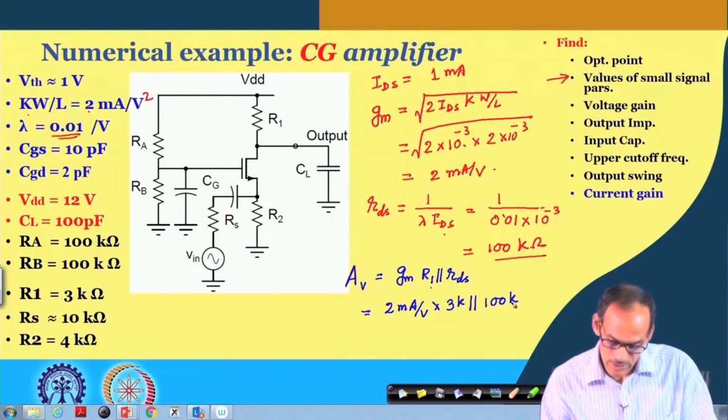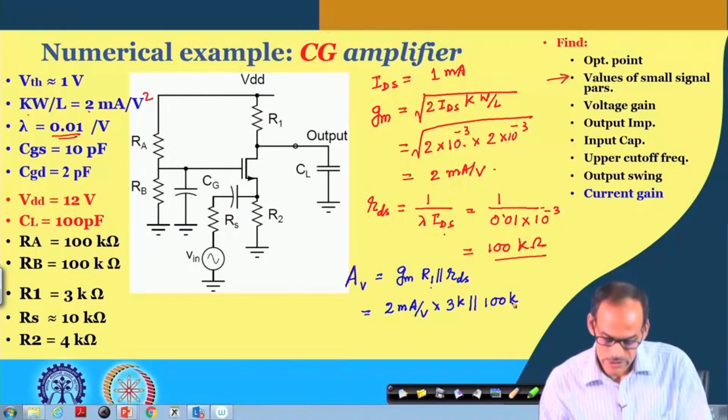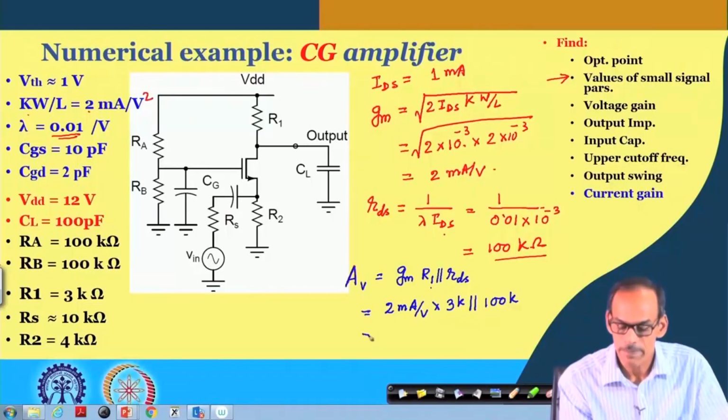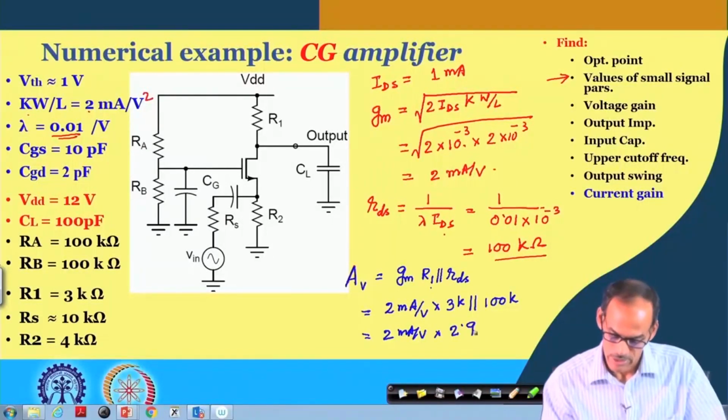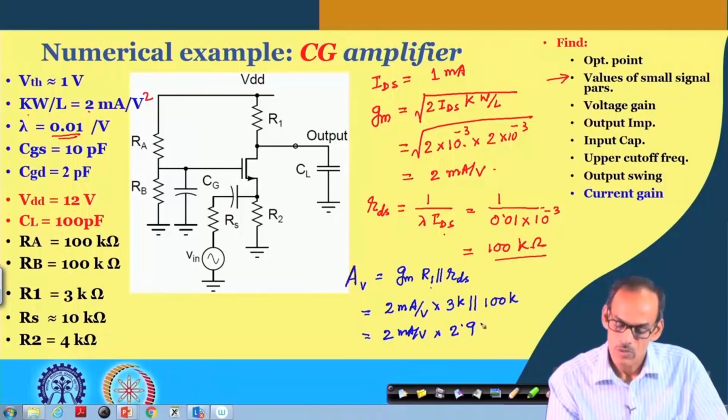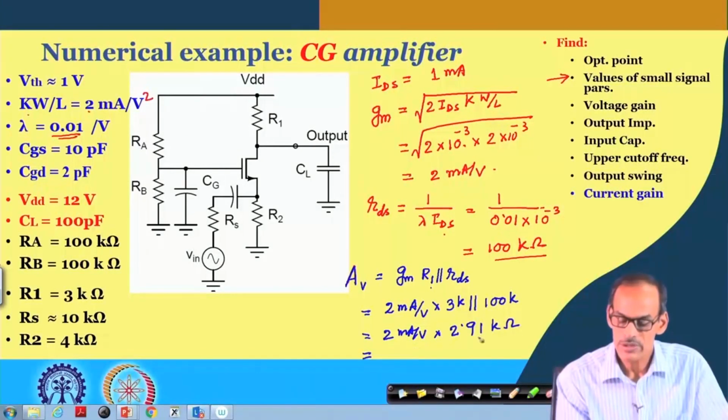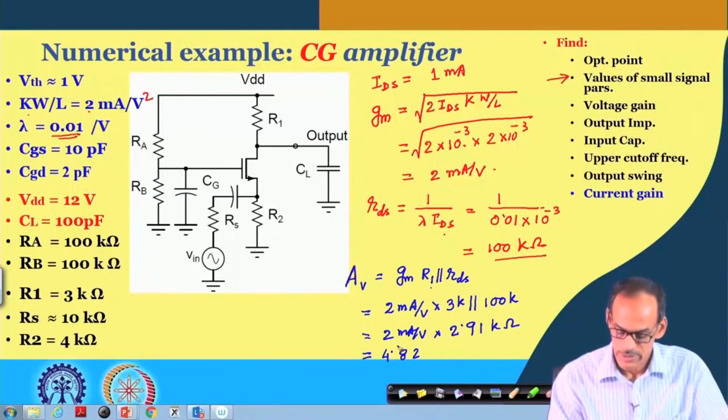This gives us 2 milli per volt multiplied by 2.91 kilo ohm. So, that gives us overall gain of 5.82.